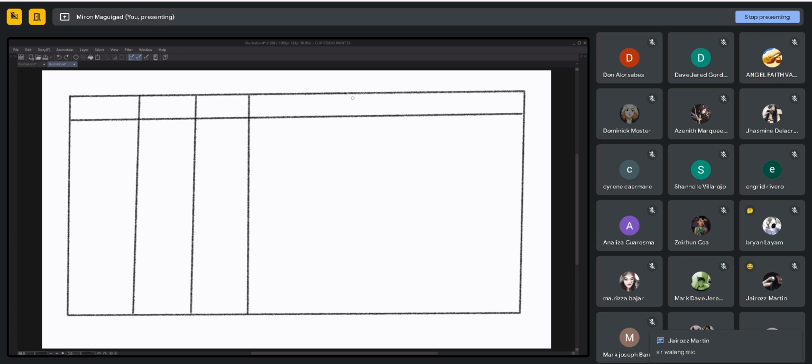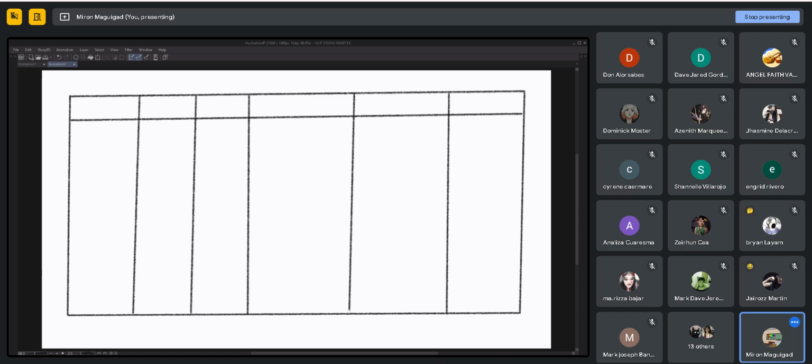Gumagawa pa lang kasi ako ng box, sorry. So we have 1, 2, 3, 4, 5, 6. Uneven po yung sukat. Pagpasensyahan n'yo na.